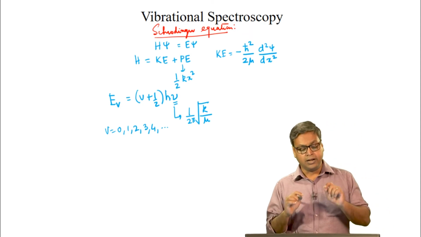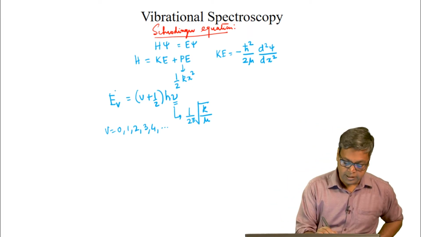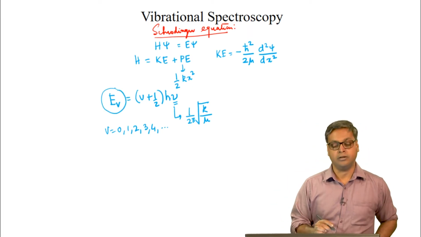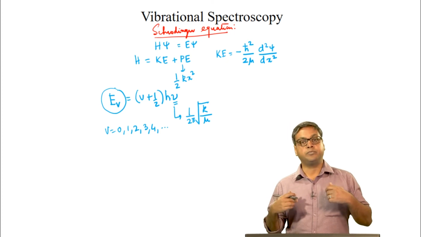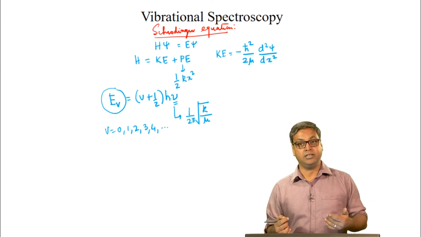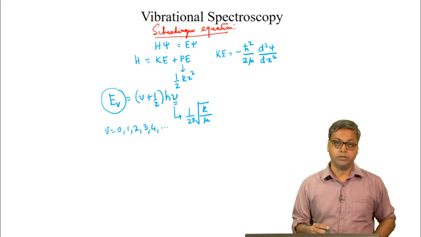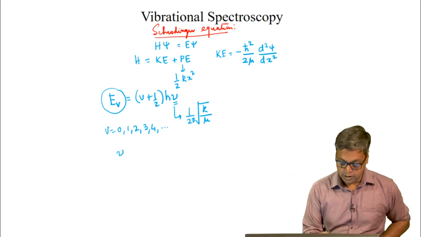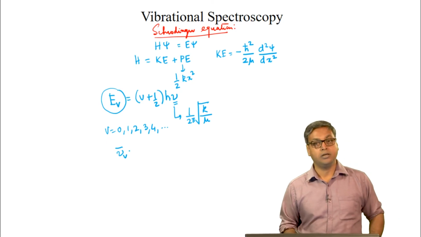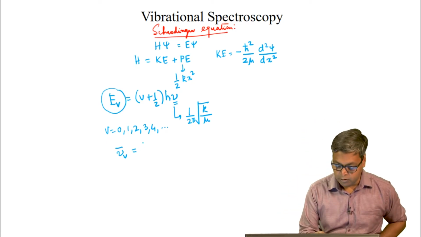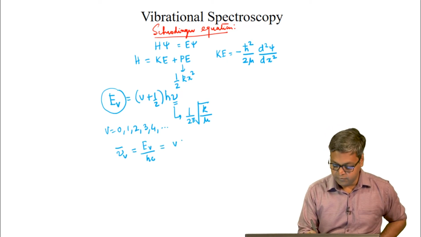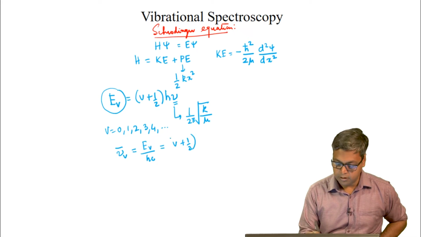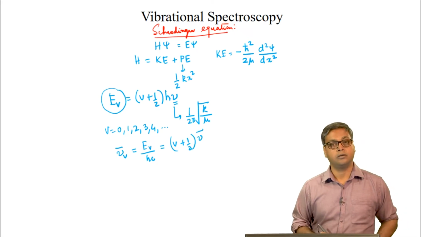The vibrational energy, that is E v that we have written here, is in joules. So, if we want to express this vibrational energy in the unit of wave numbers, we can write nu bar v, that is given by, as we already know, E v by h c. So, that is v plus half nu bar.